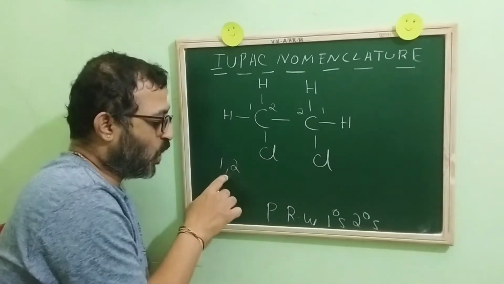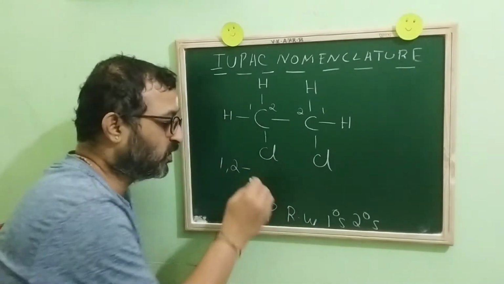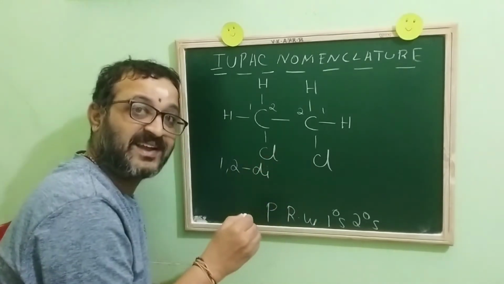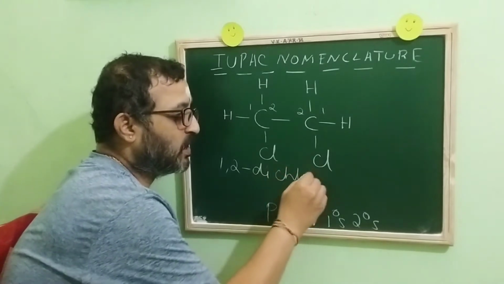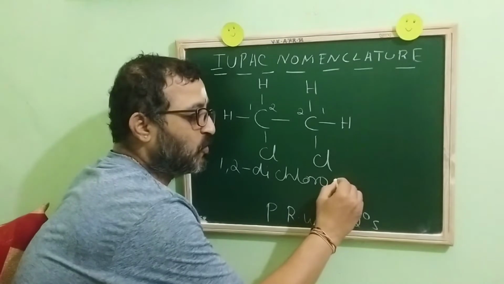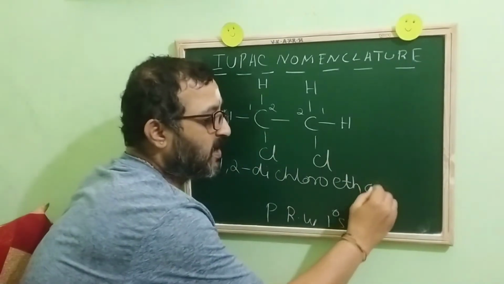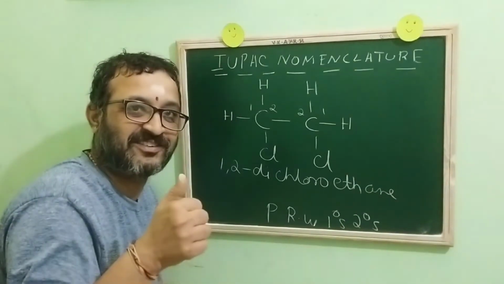So, I will write 1 comma 2. Then, how many chloro are there? 2. So, that's why di. Then, chloro, right? So, this is the prefix. Root word is what, children? Eth, single bond, ane. Is it clear, children?